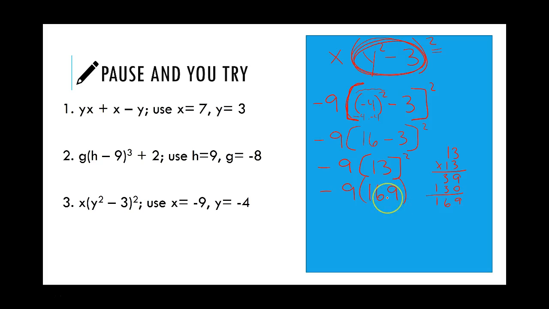Now I'll take that times it by 9. Now this is a negative times a positive, so I know my answer is going to be negative. Now I just need to figure out what 169 is times 9. 9 times 9 is 81. 9 times 6 is 54, plus 8 would be 62. 9 times 1 is 9. 9 plus 6 is 15.